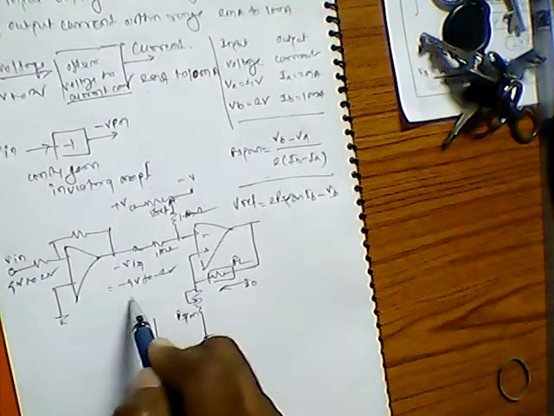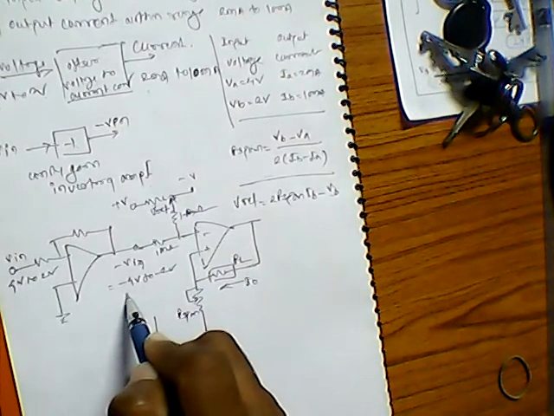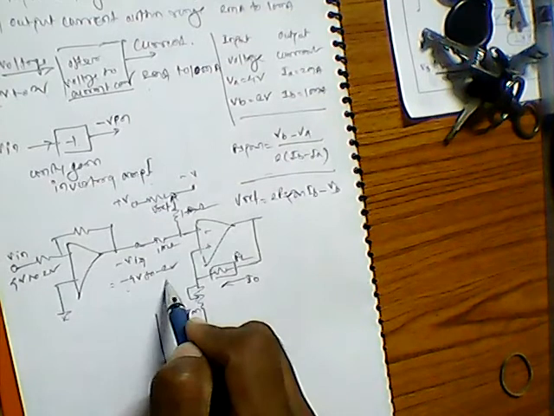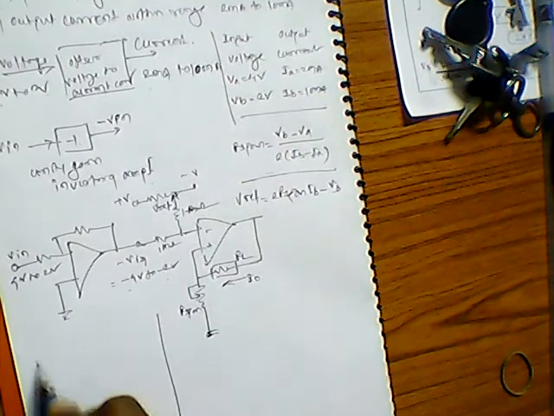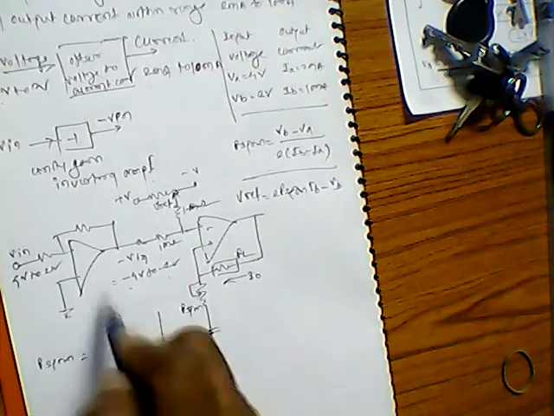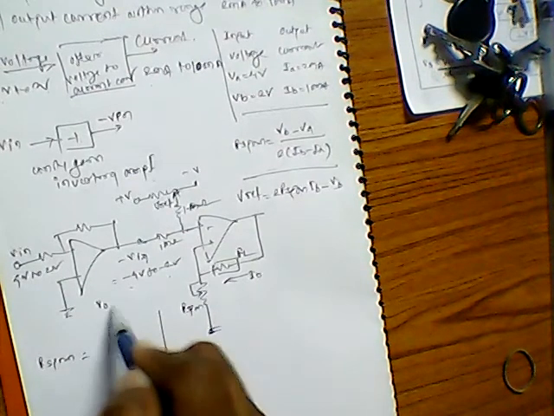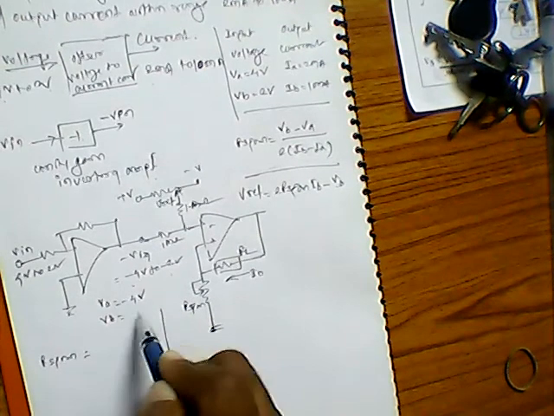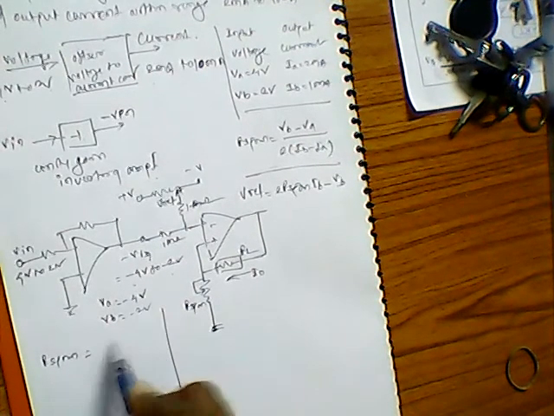Now here VA becomes minus 4 volt and VB is equal to minus 2 volt.